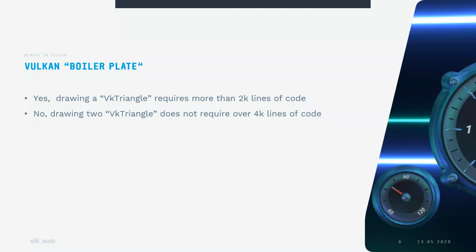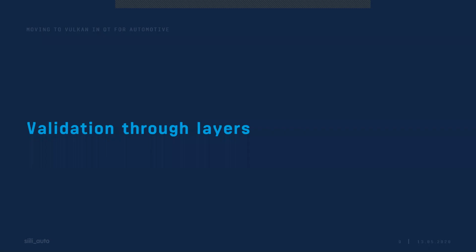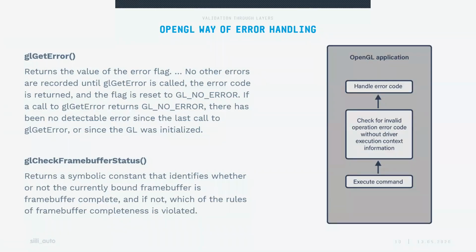Since we started talking about Vulkan, it's probably a good idea to start with the way Vulkan handles errors, because fewer errors is what makes software safer, right? As you remember from OpenGL, it gives you the glGetError function and the glCheckFramebufferStatus function, which make it possible to obtain an error code.